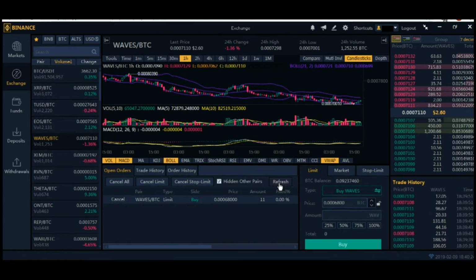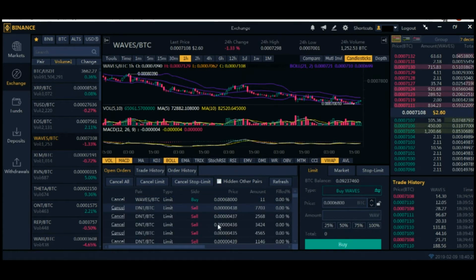Refresh is obvious. If it's not refreshing, use refresh. Hidden other pairs. This lets me see what is happening with all the other coins. This is from our history of doing, I guess, about 12,000, 13,000 transactions in this account. We have about maybe 50, 60 positions.